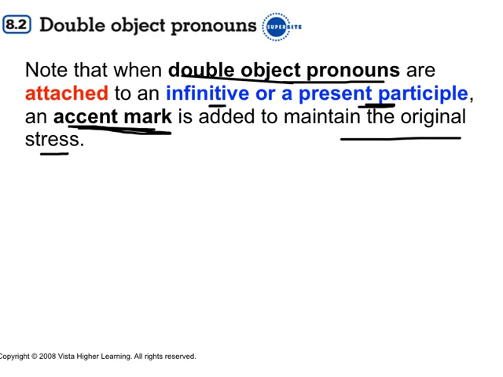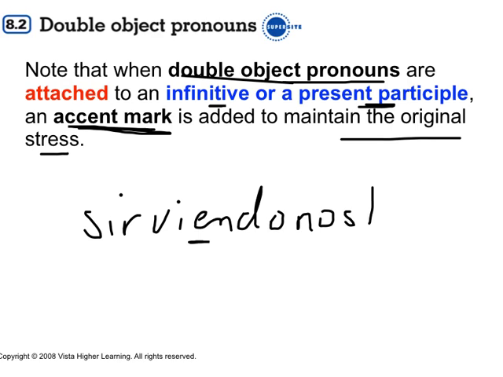And so we go back to sirviendo. Sirviendo, the natural stress occurs right here. Whenever you put nos and las, attaching the double object pronoun, you go back to that natural stress and you write the accent mark. And we'll practice this in class.